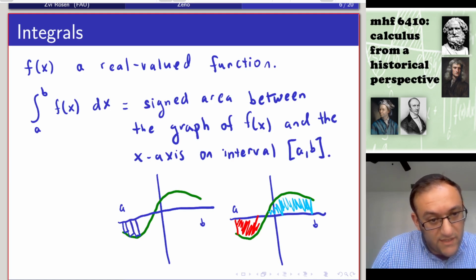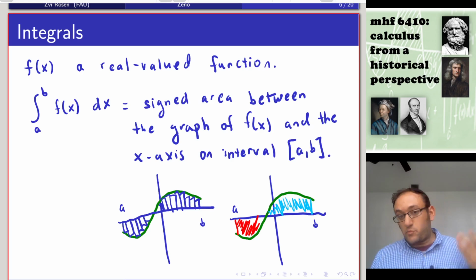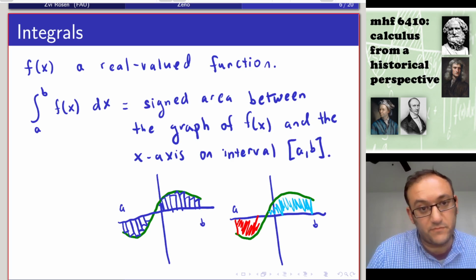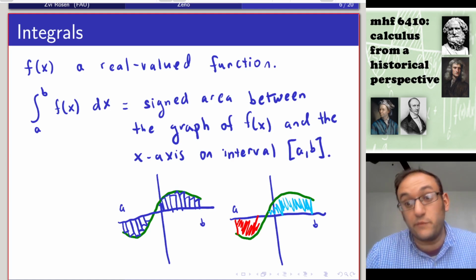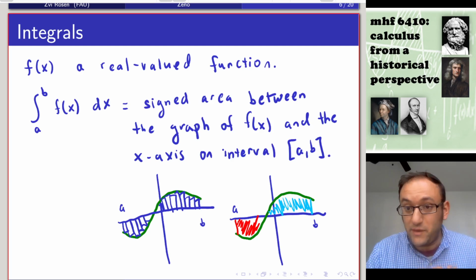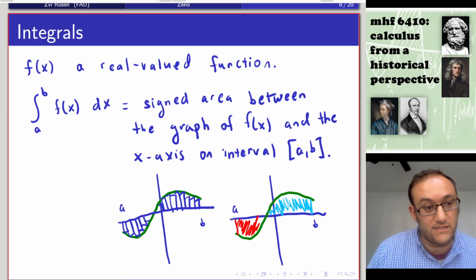So we're splitting this up into small negative and positive rectangles. And then we add up those rectangles, and that's an approximation for the integral. But obviously, it won't be the precise answer, so we want to take a limit as those rectangles get smaller and smaller, which leads to an infinite sum.